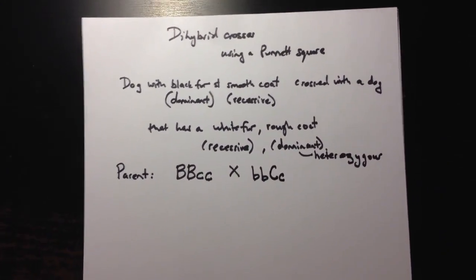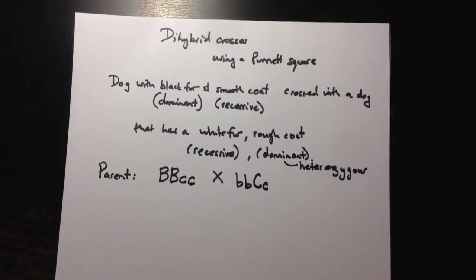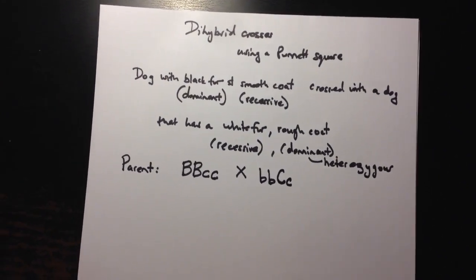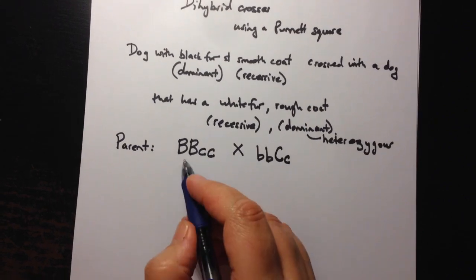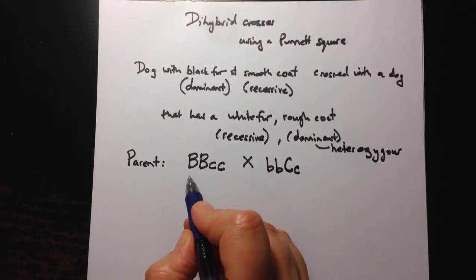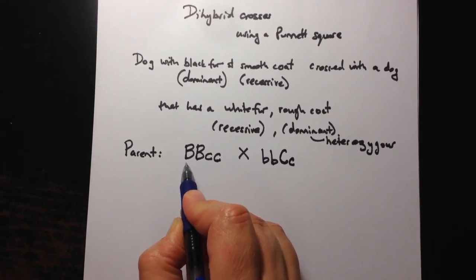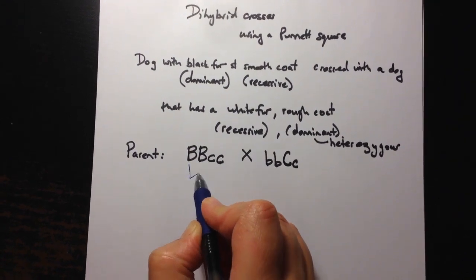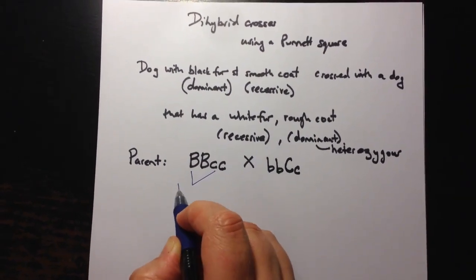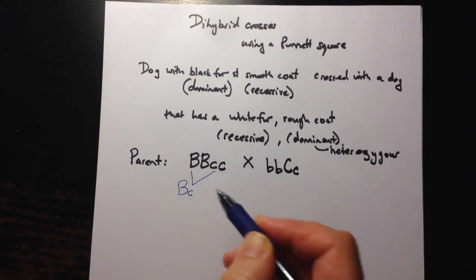The easiest way to set up the gametes to show what goes into that big Punnett square is to use the following little trick. You start with this big B and you cross it with this big C, and that is your first gamete.